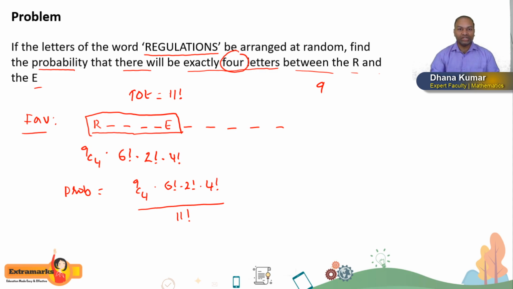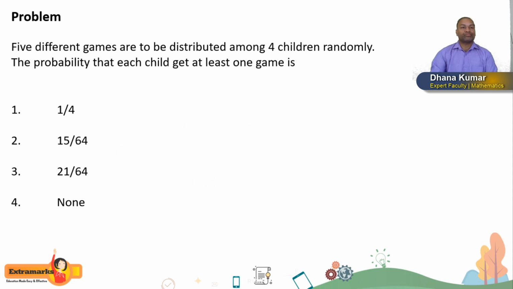Understood? Any doubt here? The main thing you observe is that in all these questions, we are using permutations and combinations concepts. Understood? Right. Let us come to one more question. 5 different games are to be distributed. Distribution of things: in an earlier session I used this word. I told you distribution of things means you have to use combination. Okay.